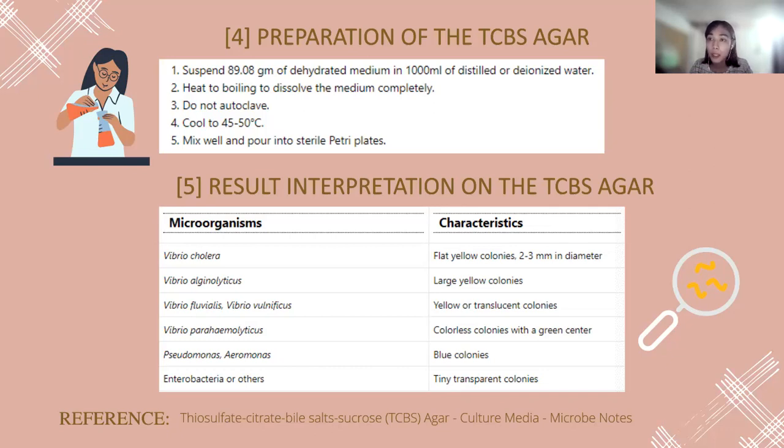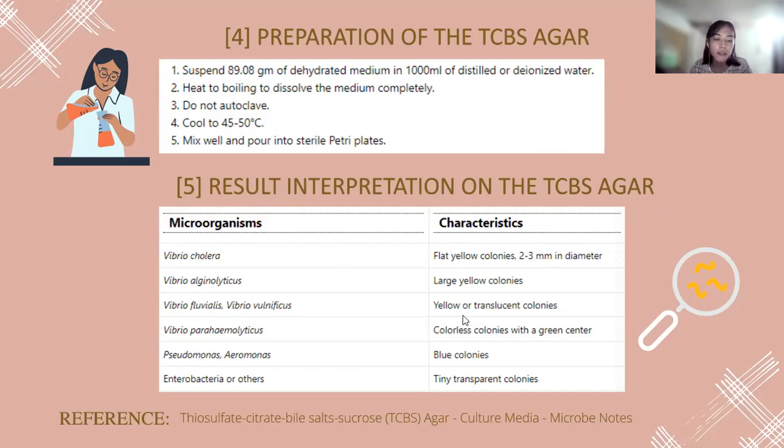And we also have some limitations or disadvantages. Number one, further tests must be performed to confirm the Vibrio species due to the variation of available nutrition. A while ago, while revisiting the interpretation of the colonies on our TCBS agar, we saw that the characteristics of the colonies vary.